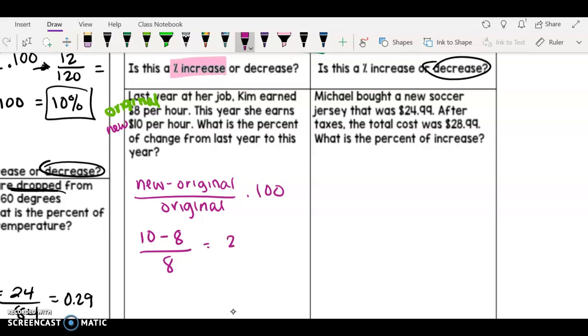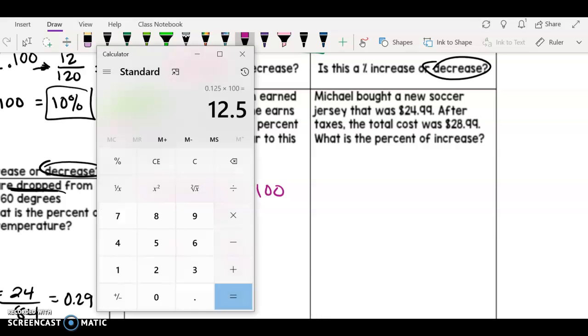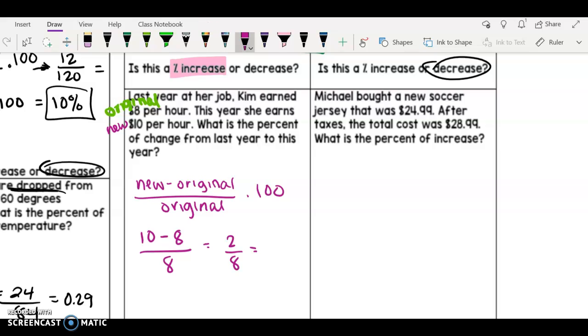So 10 minus 8 is 2 divided by 8. 2 divided by 8, not 28. 2 divided by 8. And then times 100. We get 25%. And we need to state whether it's an increase or decrease. It was an increase because she got a raise.